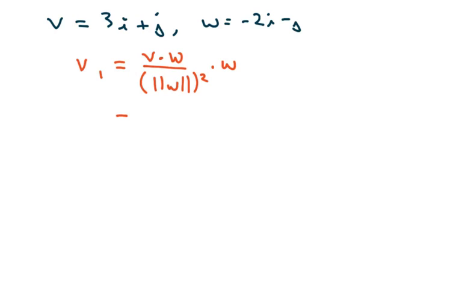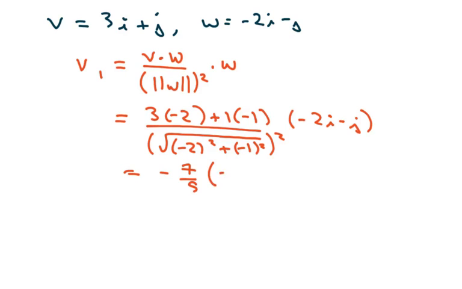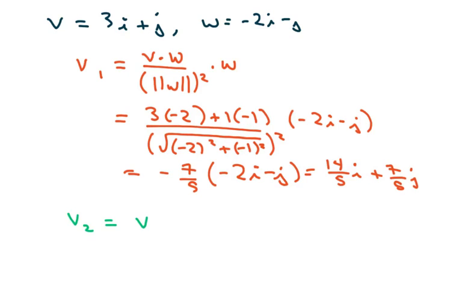You do your dot product on the top, the numerator, over the square root of negative 2 squared plus negative 1 squared, this whole thing squared, times negative 2I minus J. And this is going to give us negative 7 over 5, negative 2I minus J, which equals 14 over 5 I plus 7 over 5 J.